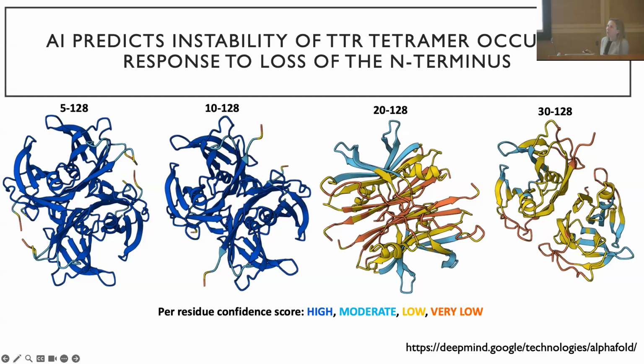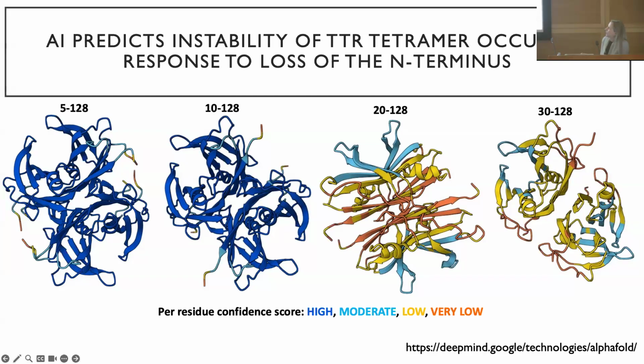And why is that important? So people have shown that in patient material, in patients with ATTR cardiomyopathy, the fibrils actually contain transthyretin that's missing a little bit of its N-terminus. And so there's been some thought that maybe cleavage of that N-terminus is what actually precipitates destabilization and fibril formation.